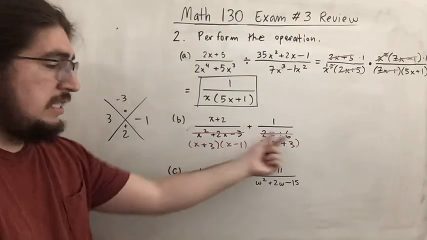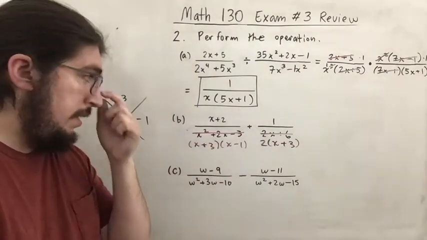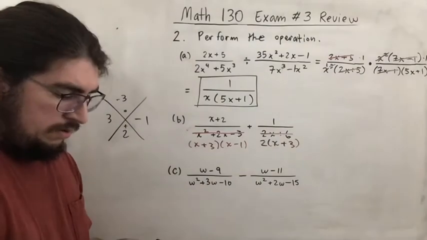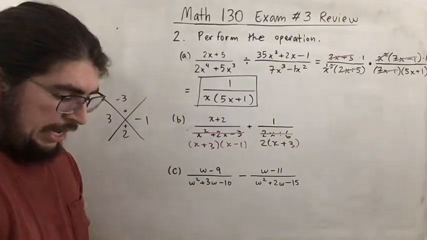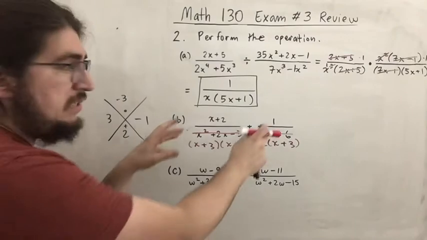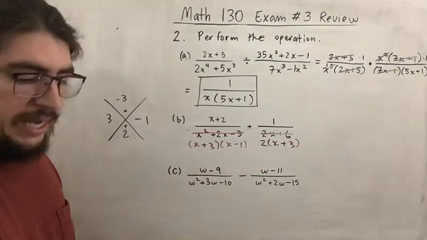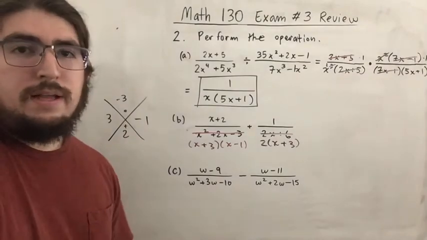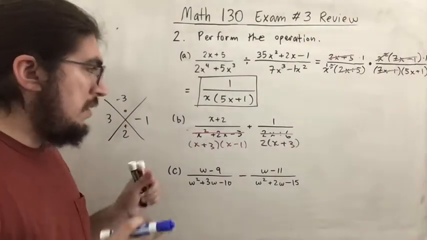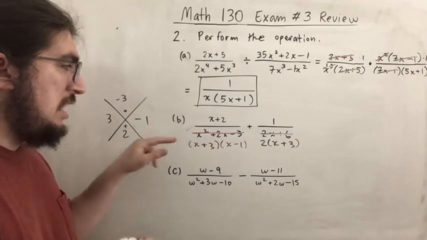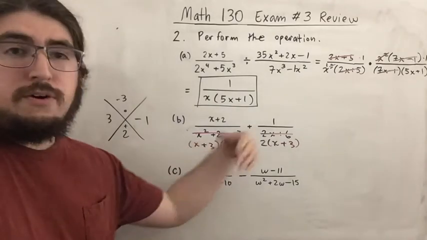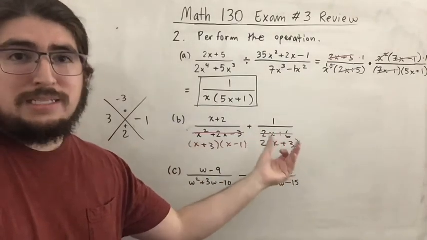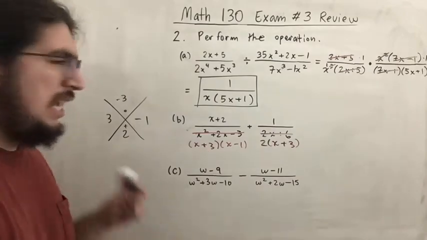But we'll notice that these both actually have an x plus 3 in common. And that's kind of good. It won't necessarily always happen, but it helps because there's less to multiply to each of these other ones to accomplish a least common denominator. So in this case, what we look for, it's a mouthful, just bear with me, is what we need to multiply this denominator by that the other denominator has as a factor that this one doesn't have, and vice versa.